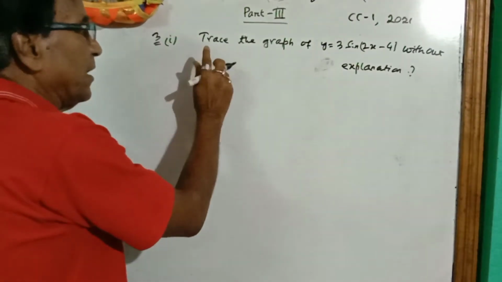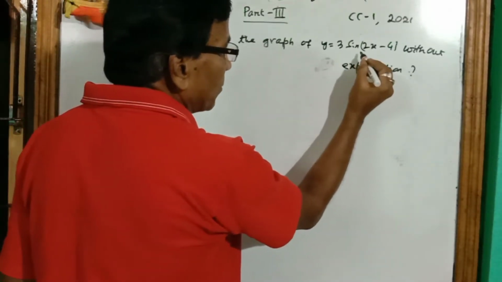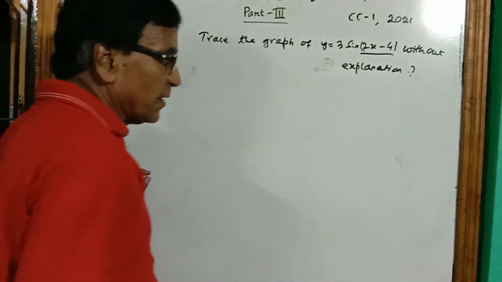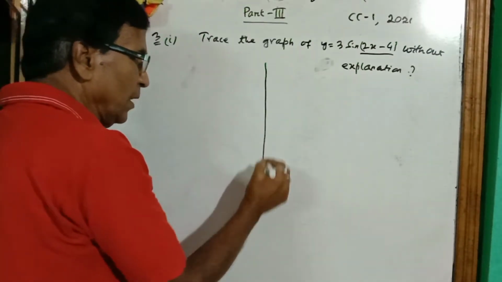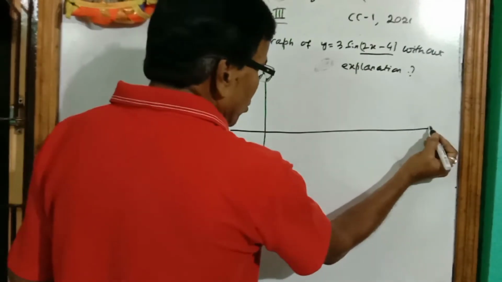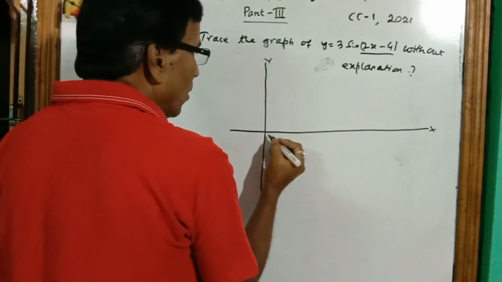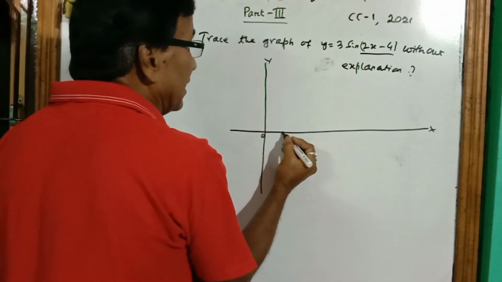That is 3i. Trace the graph of the function y = 3 sin(2x − 4) without expansion. Here you see this is your x-axis and y-axis. On the x-axis we are taking the angles.